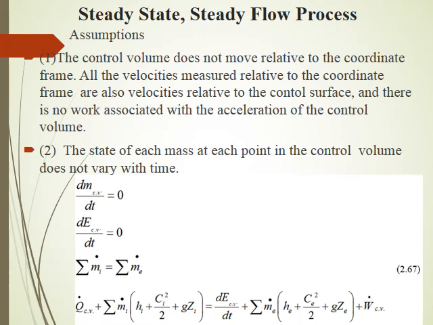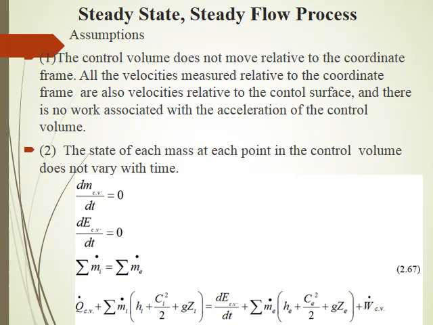It means both are moving with the same velocity, so we choose the coordinate frame such that it moves with the same velocity as the control volume, so that there is no relative motion between them, and by this we get rid of calculating the work associated with the acceleration of the control volume.